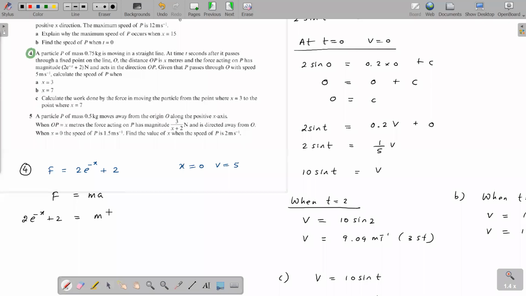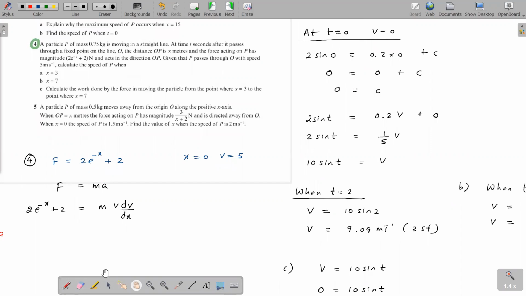No, dv over dt is only for when it's a function of time. If it's a function of displacement, we use v dv by dx. We did this in the first chapter as well. Is the mass given to us? Yes, mass is 0.75 kilograms.